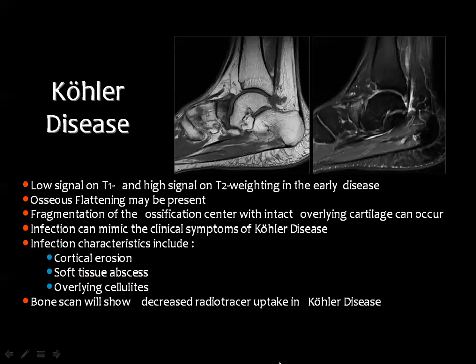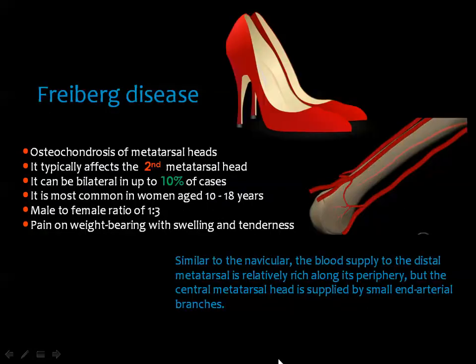Then Freiberg disease, which is an osteonecrosis of the metatarsal head, commonly affects the second metatarsal bone and is bilateral in about 10% of the cases, seen more commonly in girls between the ages of 10 and 18 years.